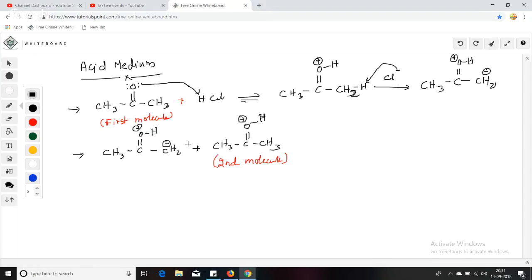Now this negative charge attacks what? The carbonyl carbon, because the carbonyl carbon has a partial positive charge, right? So this negative charge attacks this carbon atom and it forms what?